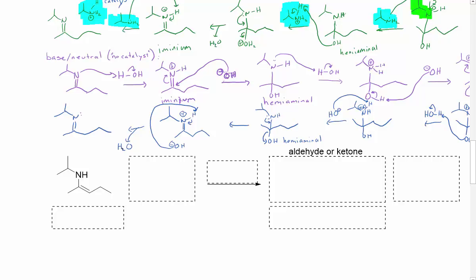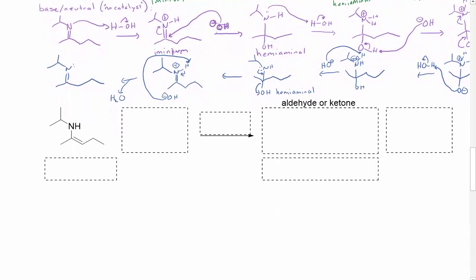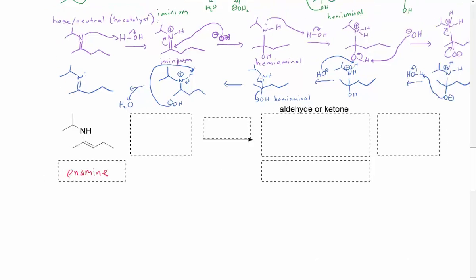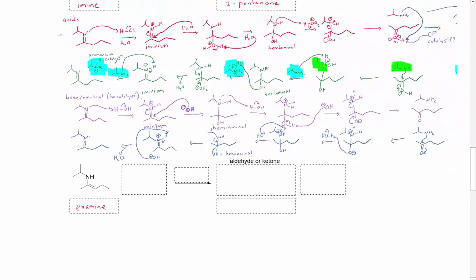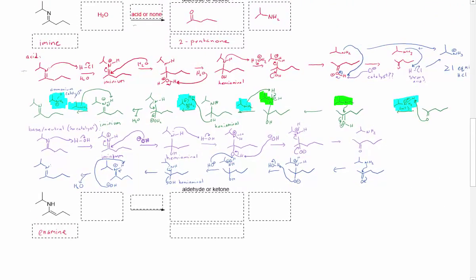Okay. The next structure is an enamine. The enamine that's drawn here, I'm going to zoom out a little bit so you can see in a bigger picture that the enamine has the same number of carbons in the same carbon connectivity as the imine example above it.